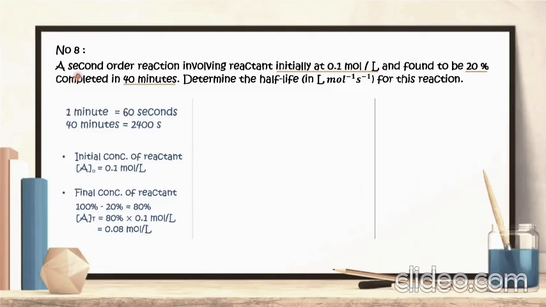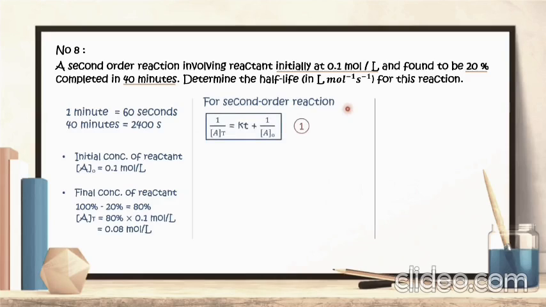As we can see, this is a second order reaction, and for second order reactions there are two equations. First, 1 over final concentration equals Kt plus 1 over initial concentration of reactant. And the second equation is the half-life equation, which is T half equals 1 over K times the initial concentration of reactant. First, we substitute the initial and final concentrations into the first equation.